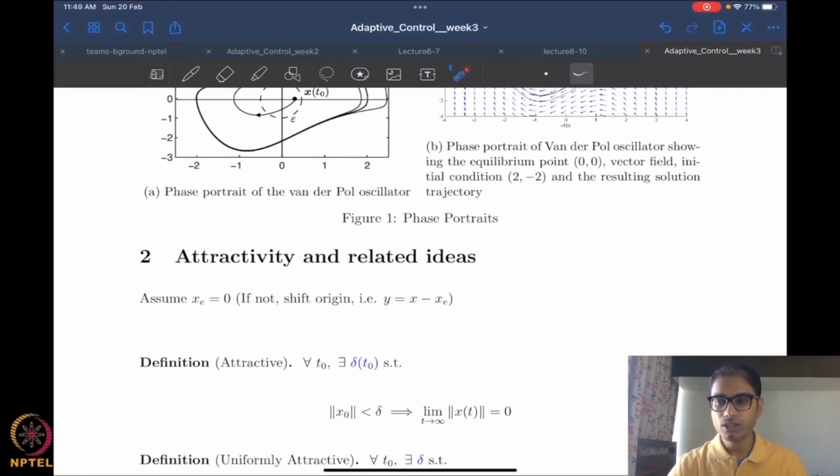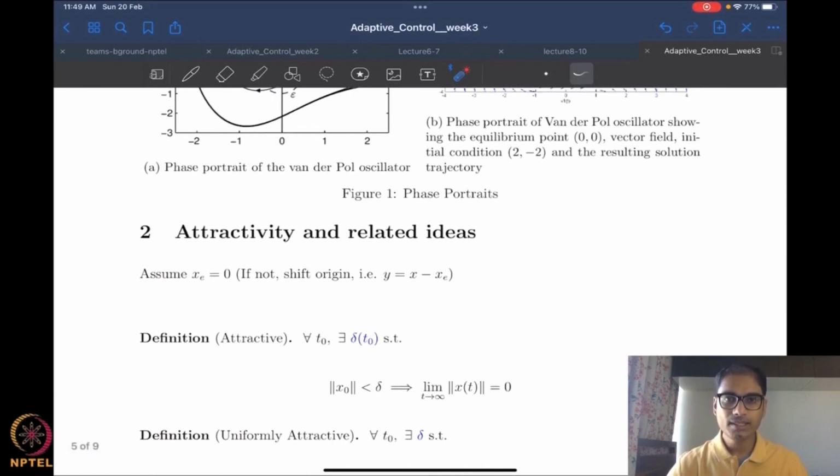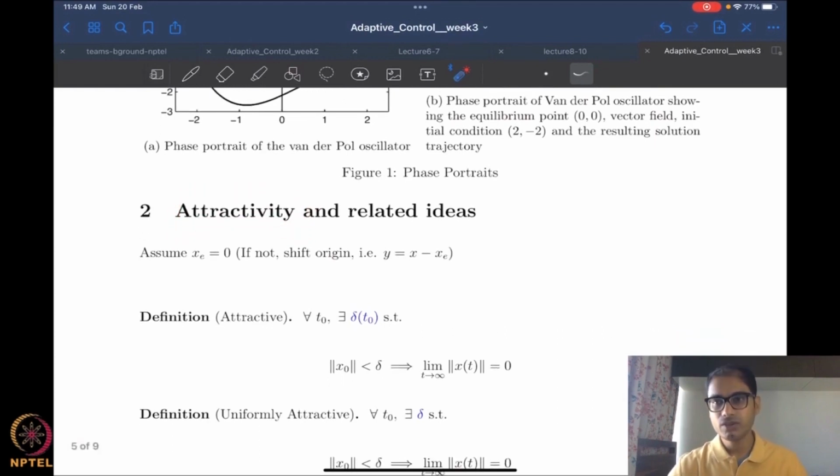We always want things to converge to zero, functions to converge to zero. So this is a property that we are rather keenly interested in. Now this convergence property is formulated in systems theoretical language as attractivity. So this is the notion of convergence for dynamical systems.